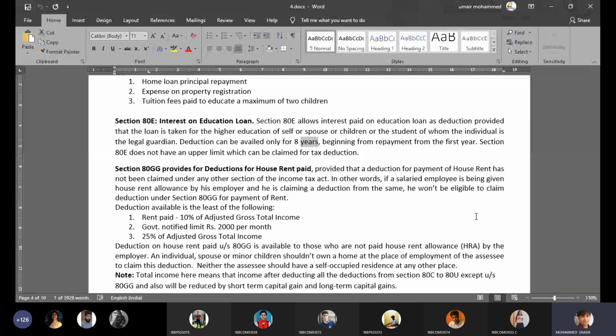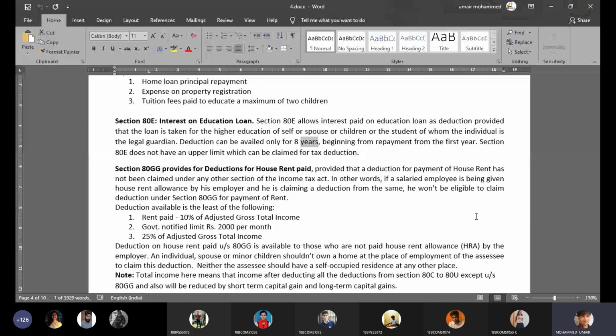Now, what are these provisions? It primarily comprises, as you can see here, 3 steps. Step number 1, rent paid minus 10% of adjusted GTI. Second step, government notified limit of 5,000.